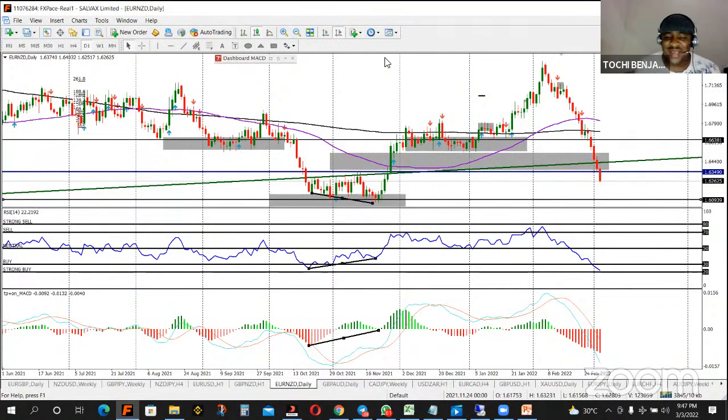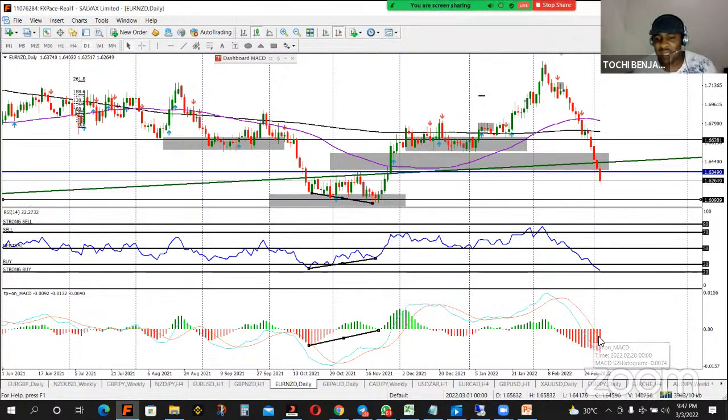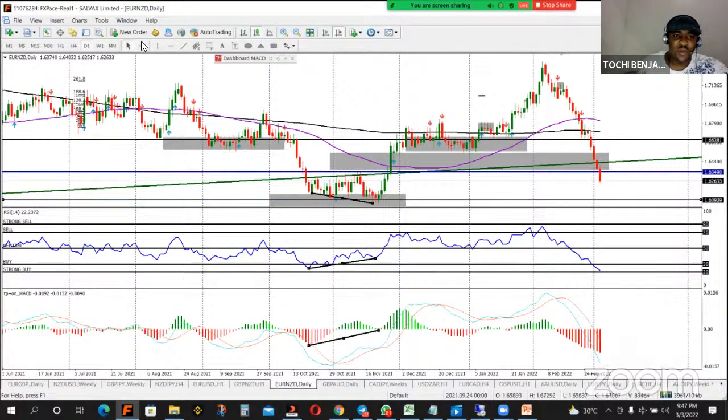But if MACD in D1 crosses equilibrium from below, like it has happened now, then you need to be more careful in engaging that market, to enjoy your ride. Look at where it crossed the equilibrium from below.